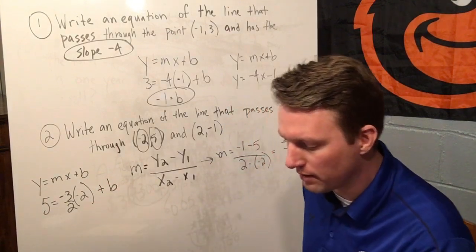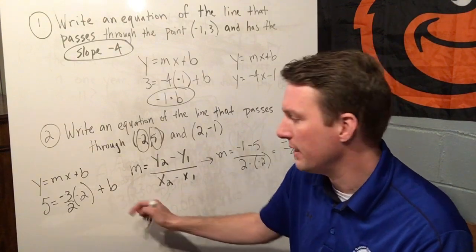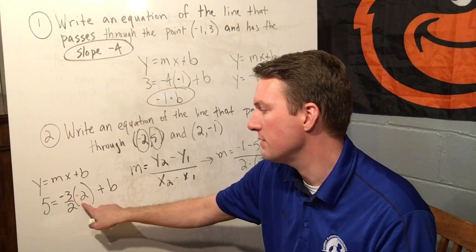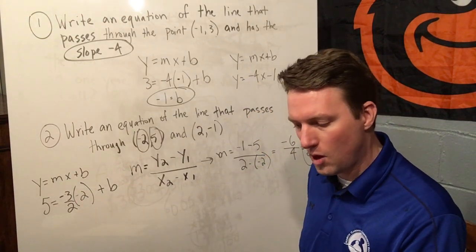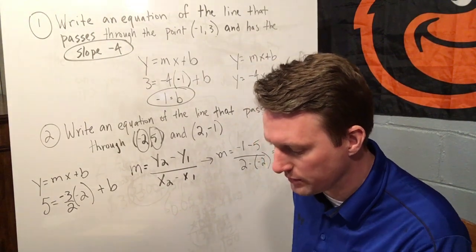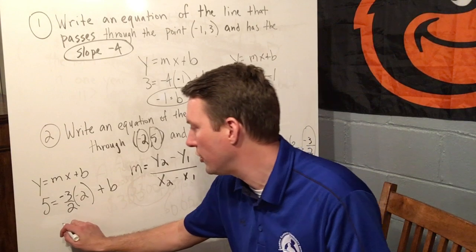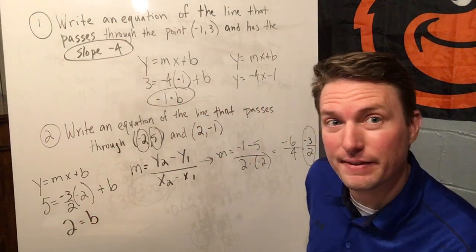Now we're solving for b. Okay? Can anyone do this problem here? 5 equals -3 over 2 times -2 plus b. Well, if you work through that, you can substitute and solve, 2 equals b. Did you get that?